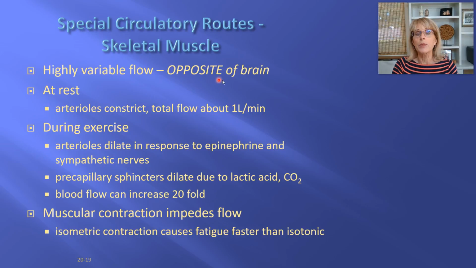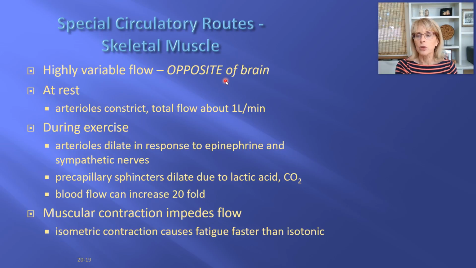Now that's the opposite of the brain. We'll be talking about the brain, and the way skeletal muscle perfusion is the opposite of the brain is because skeletal muscle is highly variable, but perfusion to the brain is really very constant. The difference between the amount of blood going through every gram of brain tissue per minute, one moment of the day to another, only varies by a few percentage points.